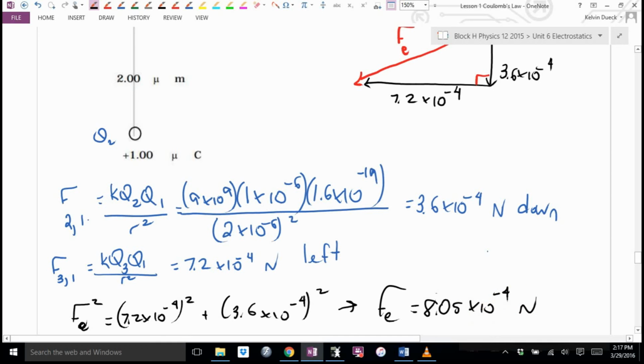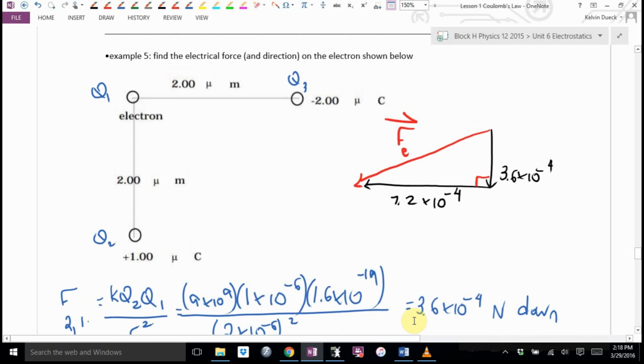That's the magnitude. This said magnitude and direction. Where does my vector start? Top right. So I'm going to find that angle there. Which trig function? Opposite, adjacent. I can use tan, because that's what they gave me.